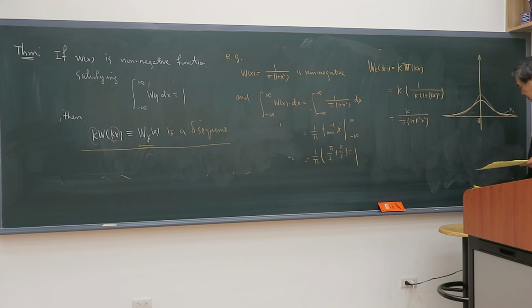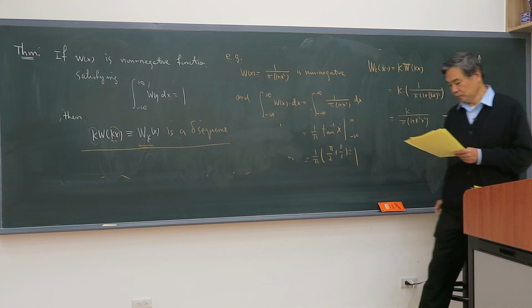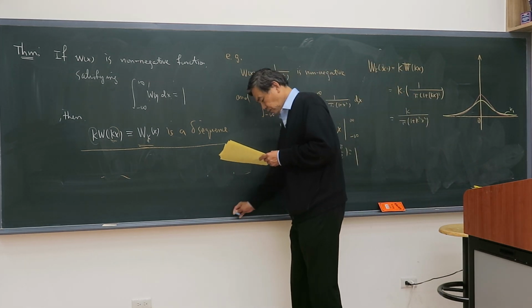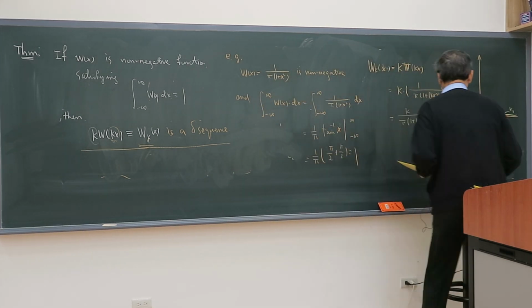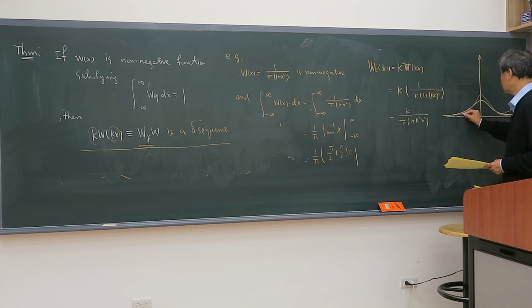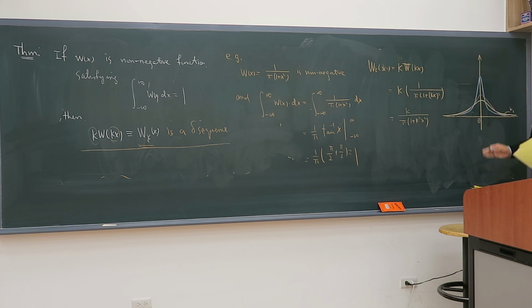Then k3 is bigger than k2, which is bigger than k1. So for bigger and bigger k, you get a curve like this.